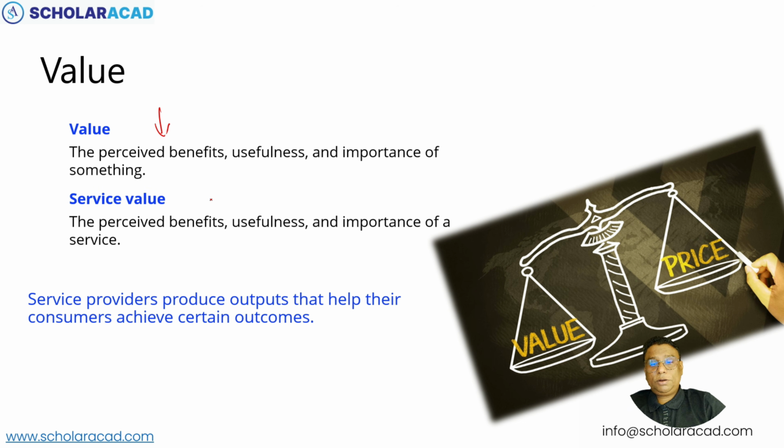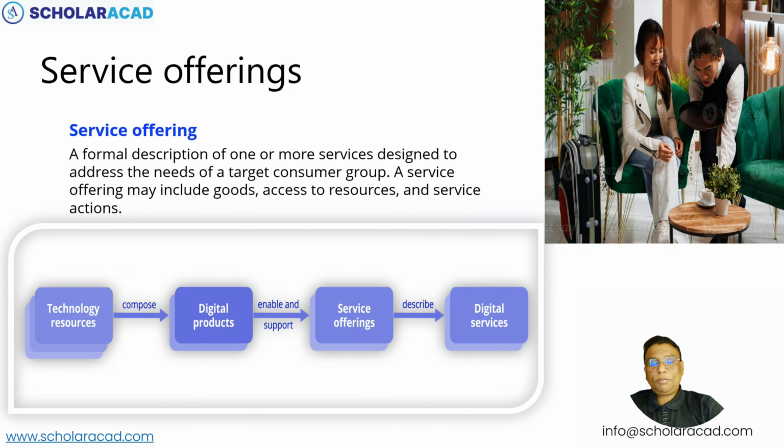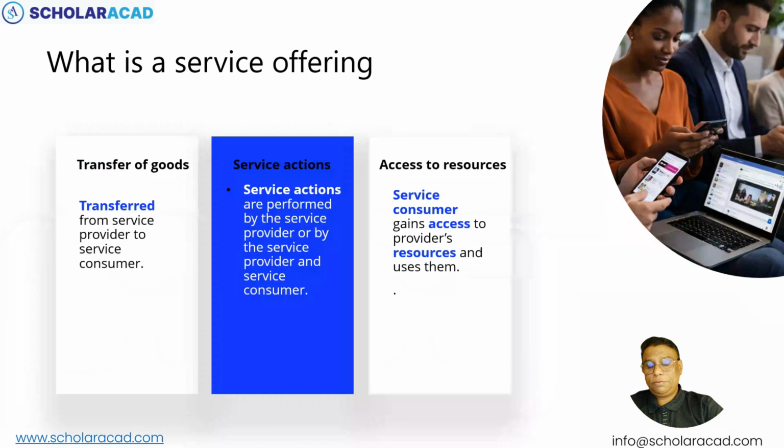So the service provider produces the overall product and services. Now the different types of service offerings. Service offerings focus on the various types of services which we provide to our client, customer and user. That could be goods, access to resources and service action. Technological resources create the digital product, enable the service offering, and describe the digital services, like the different types of services you are using, like a telecom plan or a network services plan.